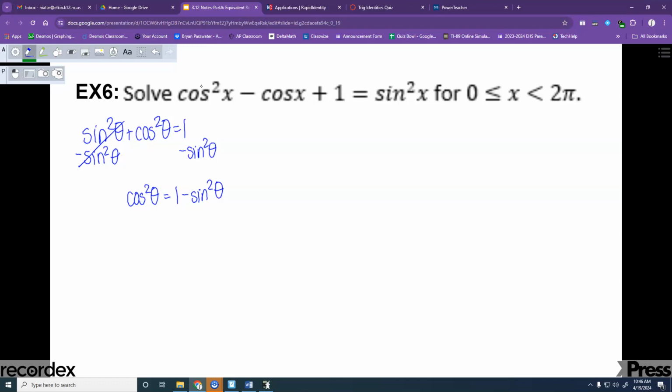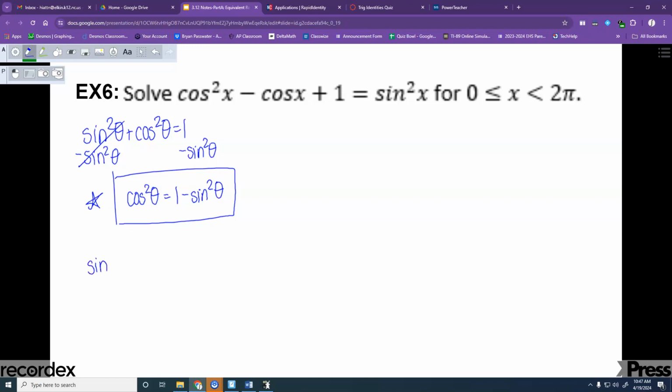It's still true, right? I'm just moving that sine over to the other side. You may even want to box this in and put a star next to it. This is a rearrangement of the Pythagorean identity, and it's very helpful if we need to change things to sine or cosine.